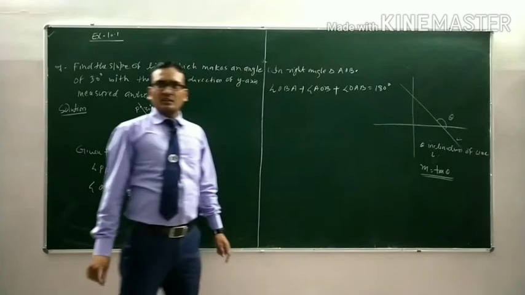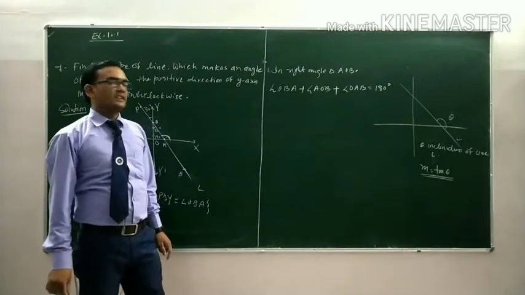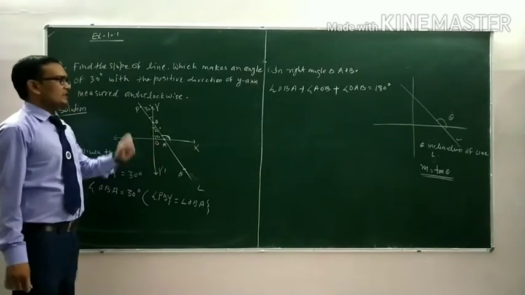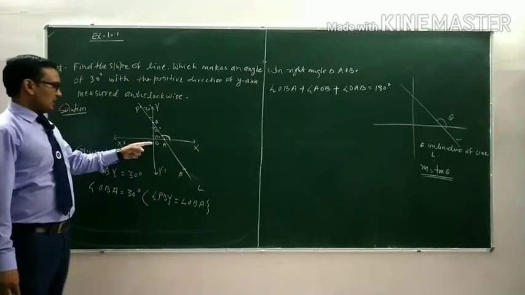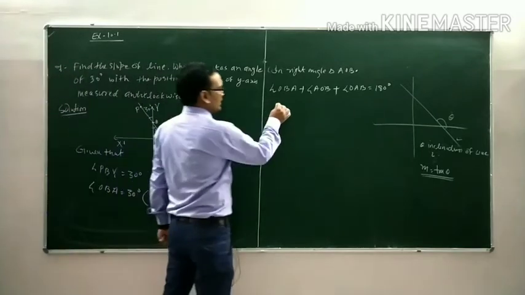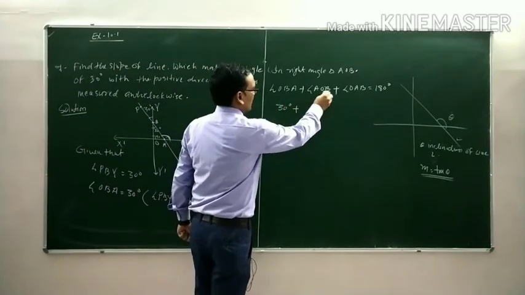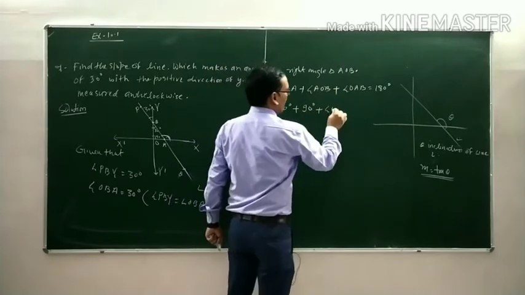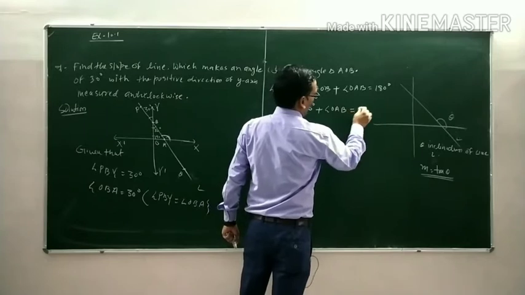Why students? This is the sum of interior angles of triangle AOB. Here angle OBA is 30 degree and angle AOB equal to 90 degree, then we find angle OAB.